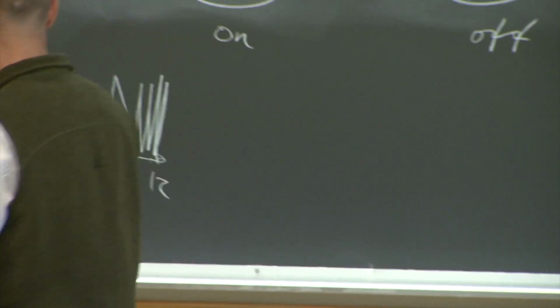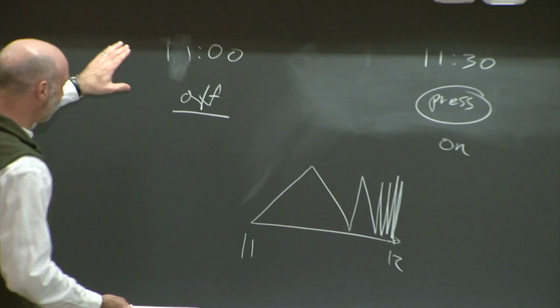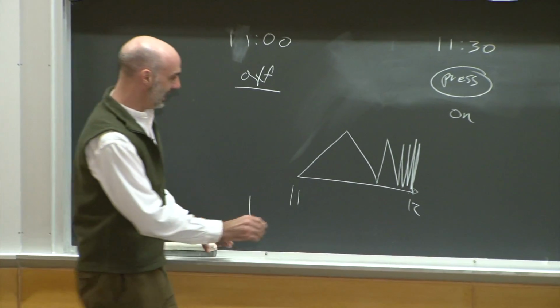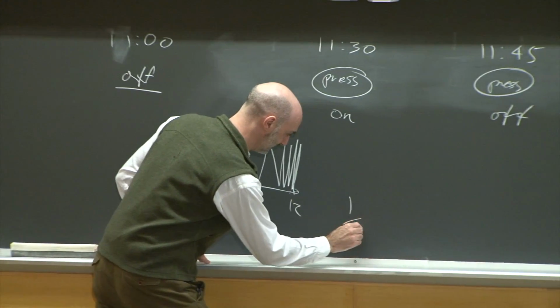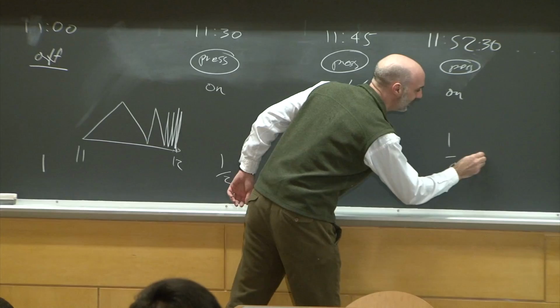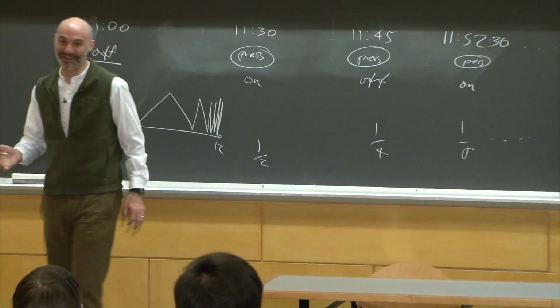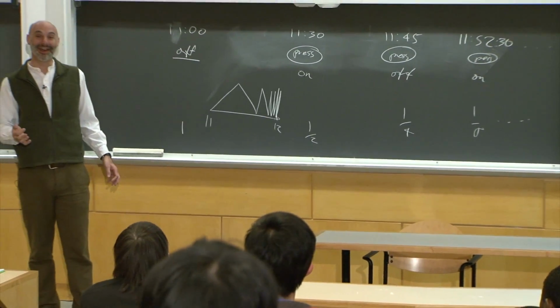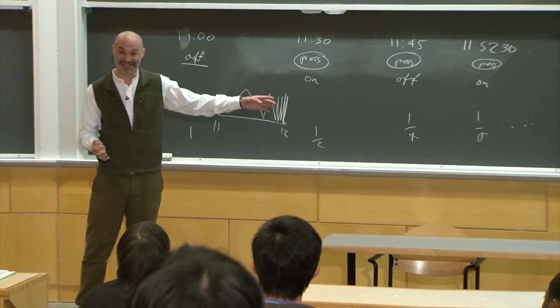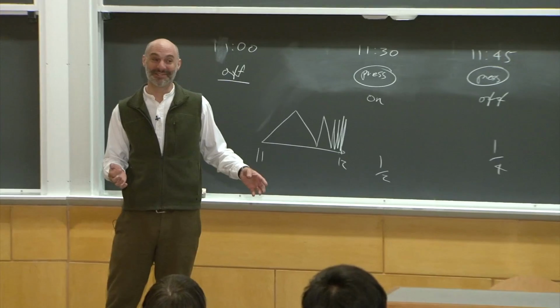So suppose that at the initial state, the lamp is 1 meter tall. And then at this point, it's 1/2 meter tall, and then 1/4, and 1/8, and so forth. So that series converges to 0.